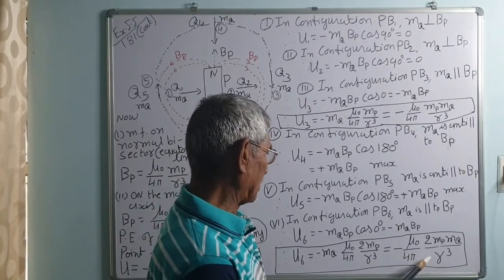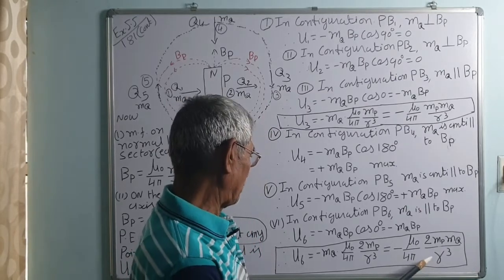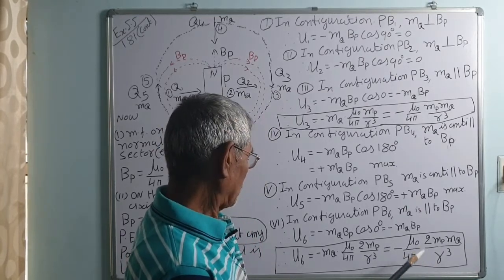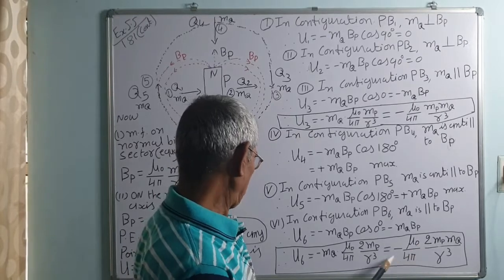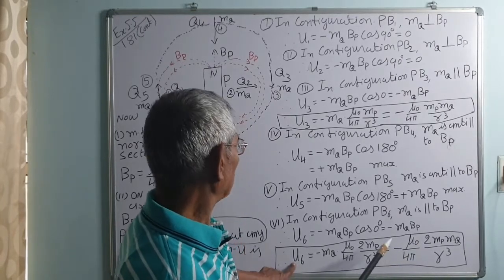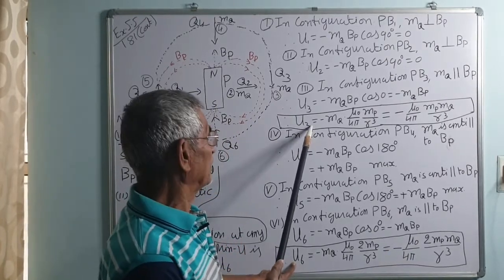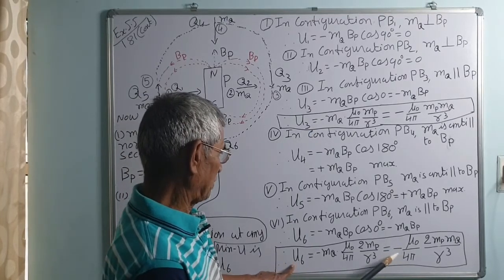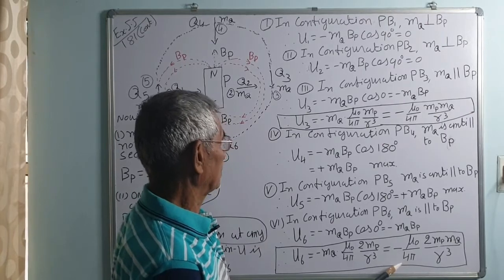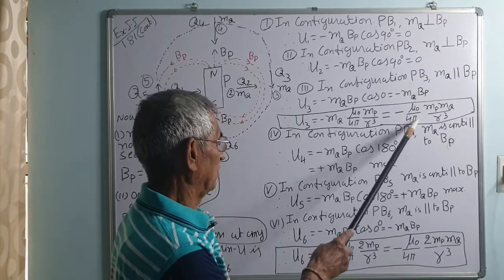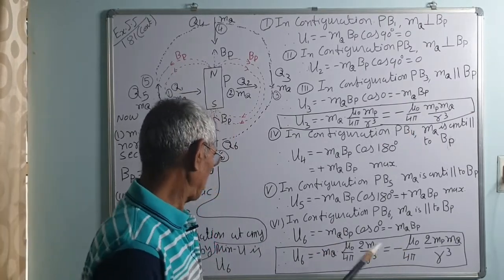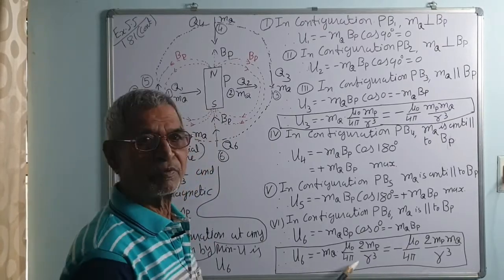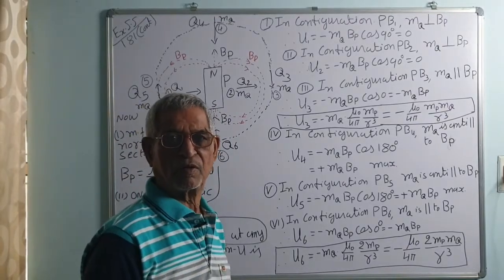So we have neglected the magnetic length, the dipole length, here. You can see from these two equations, U6 and U3, compare them. Which is less? This is negative, so this is just double this, the lesser one. So U6, the potential energy of this configuration, is minimum among all configurations.